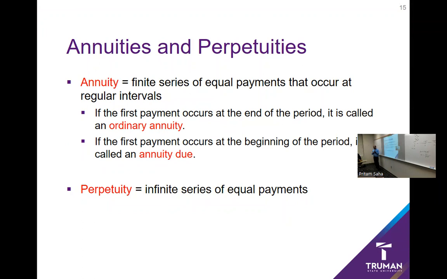When you say equal amount of cash flow at regular or equal intervals, that means if we receive cash flow yearly, we will keep receiving it yearly for a certain period. If you're receiving cash flow monthly, you will keep receiving it monthly for a certain period. Those kinds of cash flows are known as annuity.